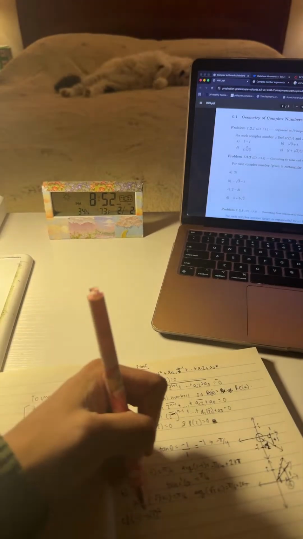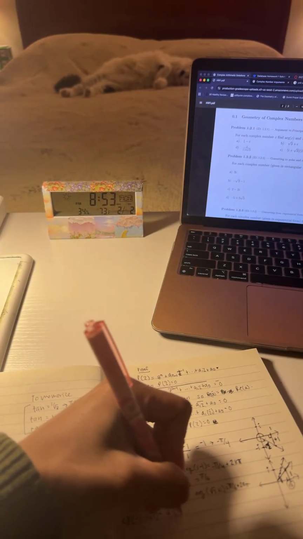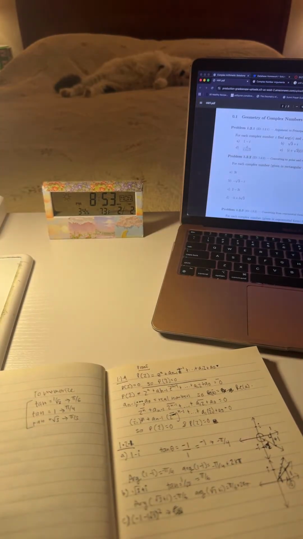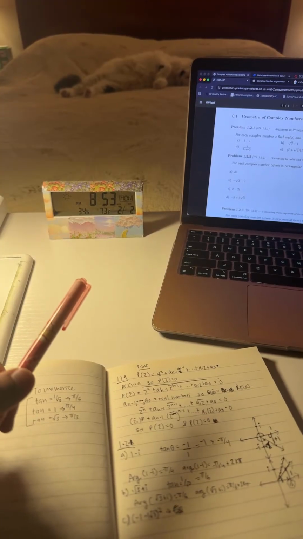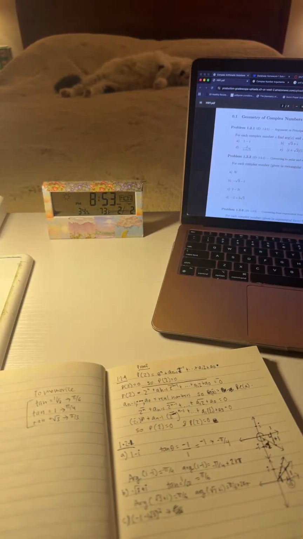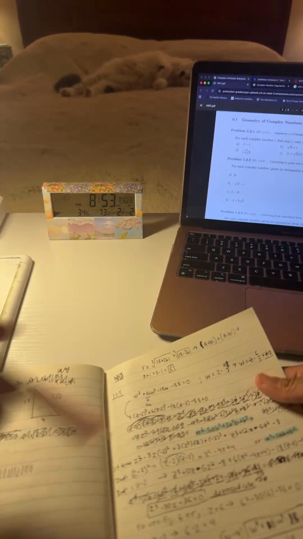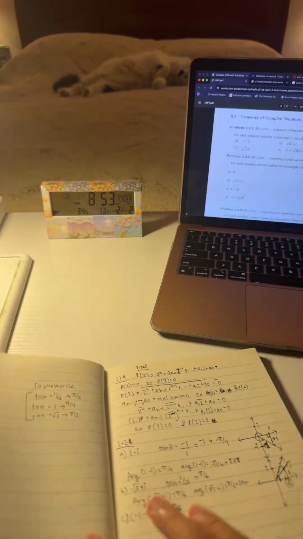Actually, no, we don't need to FOIL it or anything. We could just use a squared minus 2ab plus b squared. I wrote it here somewhere. A squared minus 2ab, not just ab. Okay, so minus 2ab plus b squared.